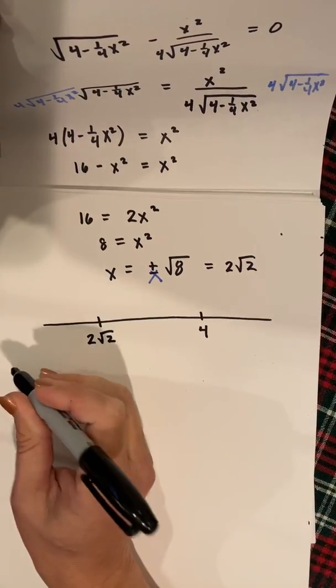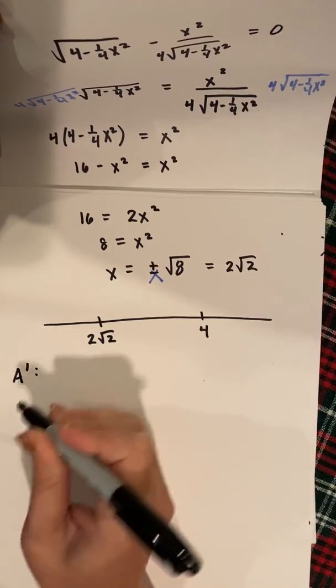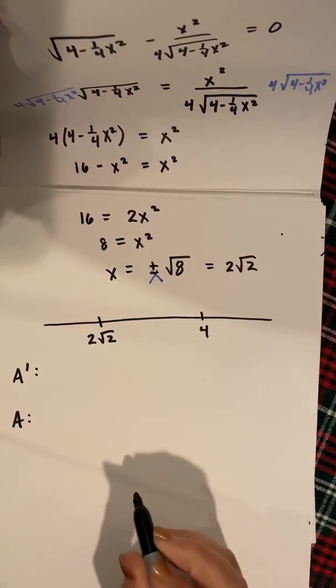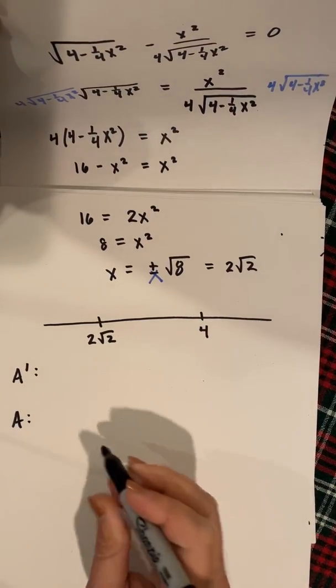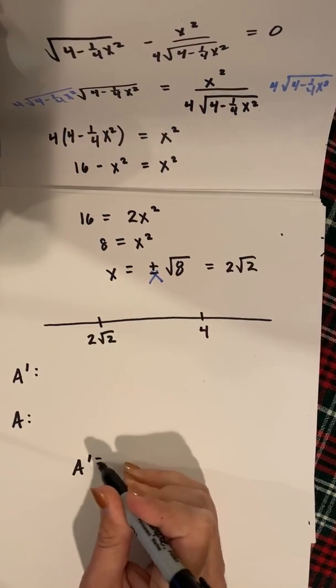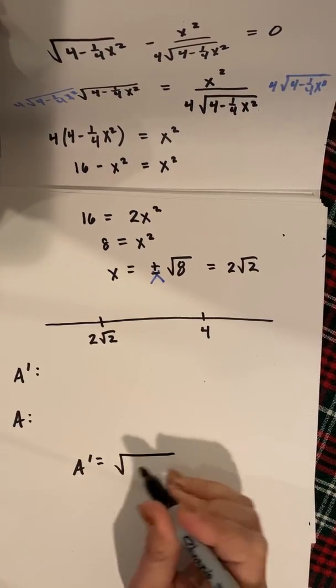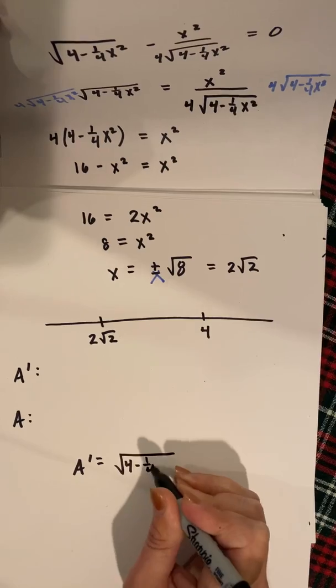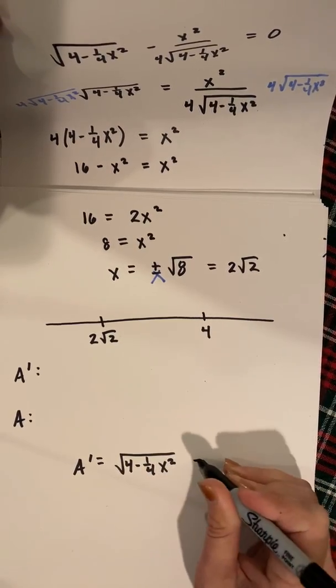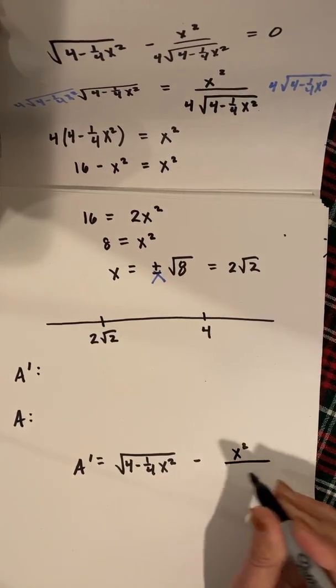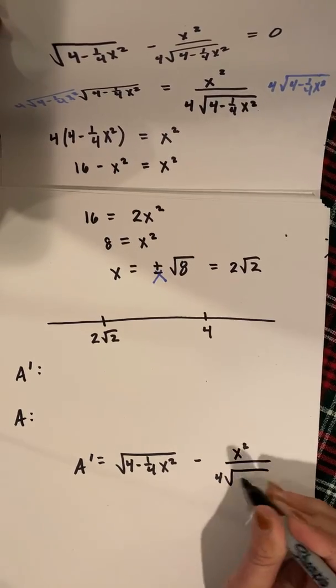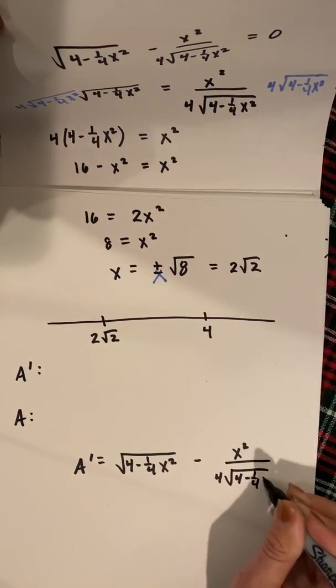So 2 square root of 2, 4. We're going to look at how the derivative behaves before, between, and after. So let me write this derivative down again. Yikes. 4 minus 1/4 x squared minus x squared all over 4 minus 1/4 x squared.